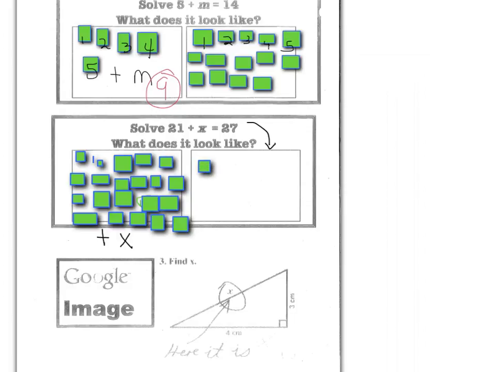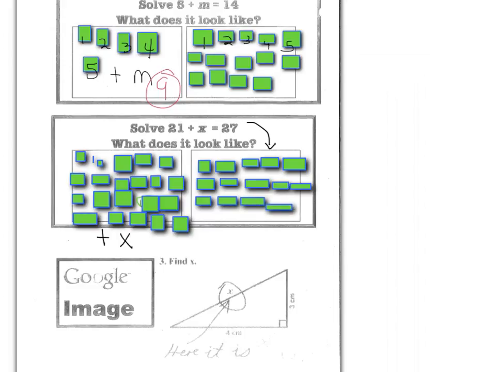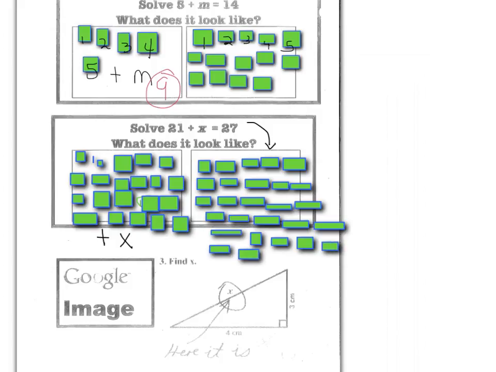Okay, so there's 1, 2, 3, 4, 5, 6, 7, 8, 9, 10, I'm getting pretty fast at this, aren't I? 11, 12, 13, and so on up to 27. That's what it would look like.